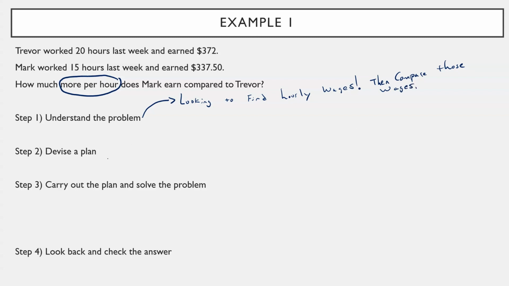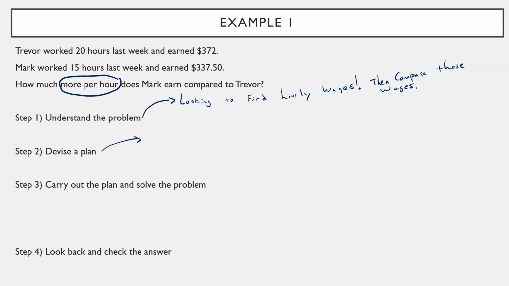All right. Next, I'm going to need a plan here. Some formula maybe to help me solve this. What I've got to think is, look, I know the total for each individual. I know Trevor earned $372, worked 20 hours. Mark earned $337.50, and he worked 15 hours.